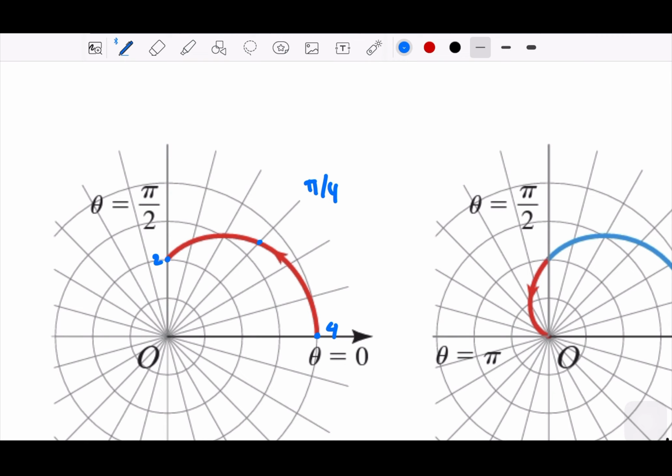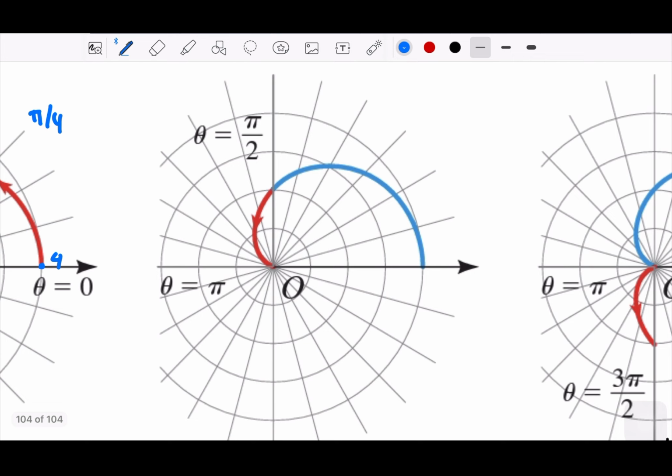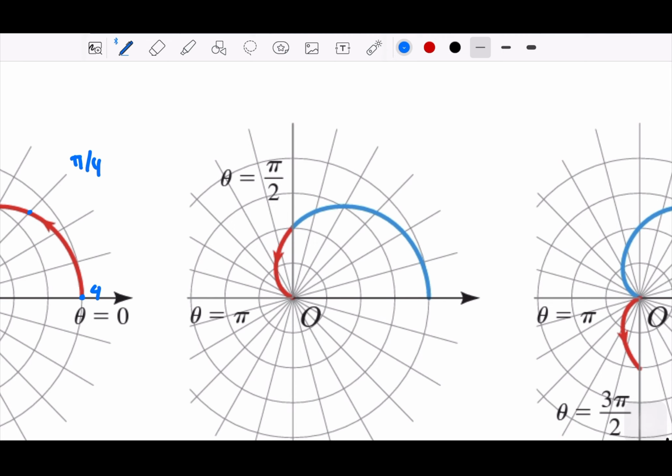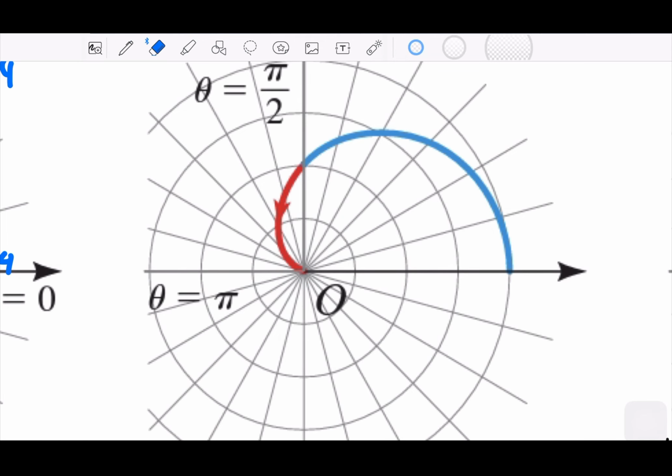And then we take more points. We take it from pi over 2 until pi, and we could see that the result is they are going back into the center of this polar axis, which is 0, 0. In our case in the polar, it's supposed to be r, theta, so r is 0 and theta is pi.